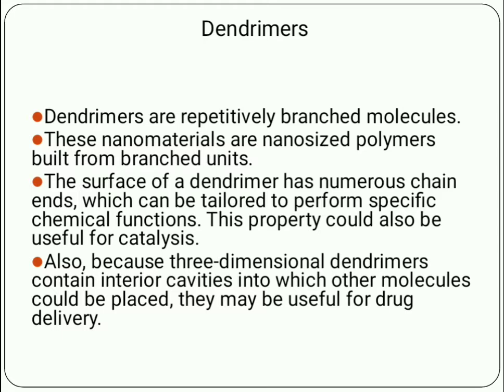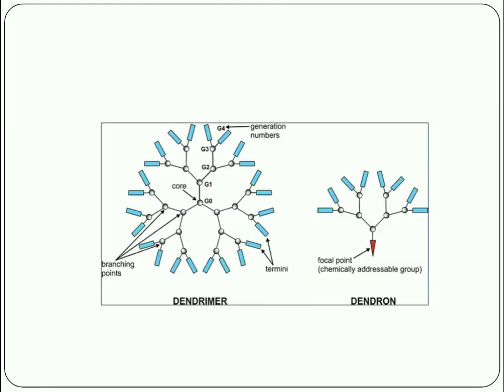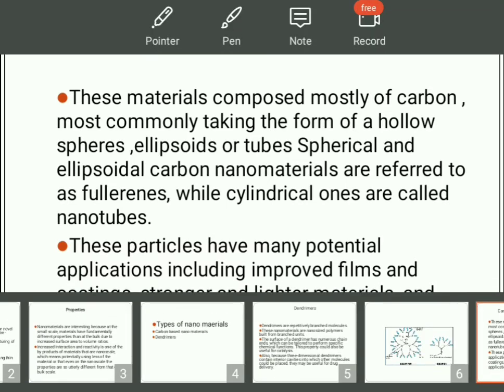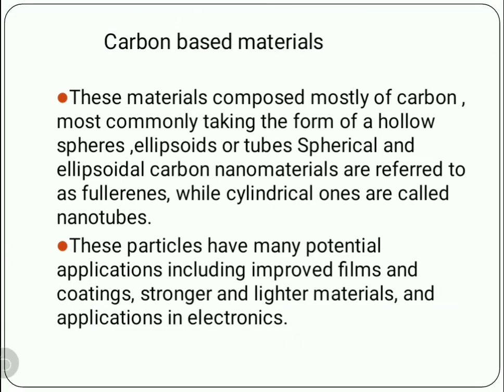Next type is carbon based materials. This material is composed mostly of carbon, most commonly taking the form of hollow spheres, ellipsoids, or tubes. Spherical and ellipsoidal carbon nanomaterials are referred to as fullerenes, while cylindrical ones are called nanotubes.